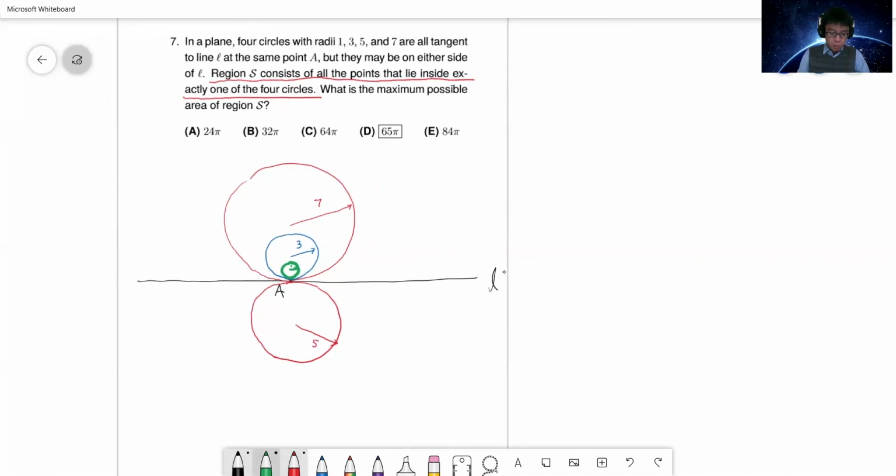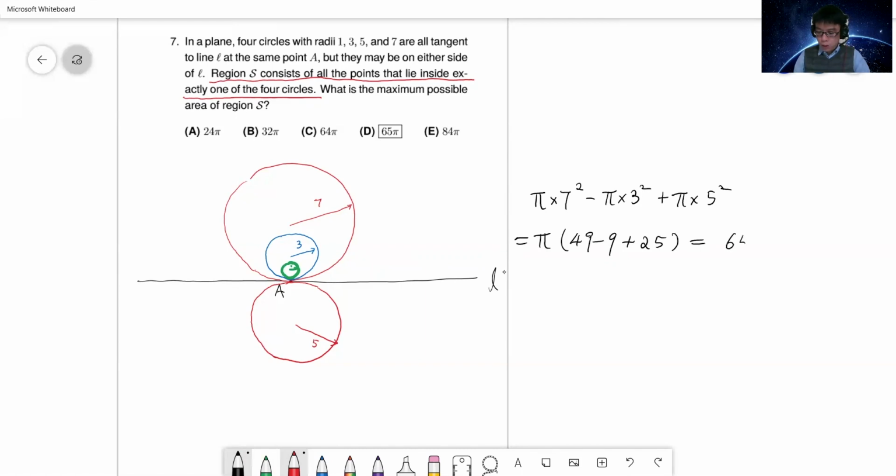So the answer here will be pi times 7 square minus pi times 3 square. We don't need the minus pi times 1 square because that's already included in the blue circle. And we plus pi times 5 square. So this is 49 minus 9 plus 25 gives 65 pi. So the answer here is 65 pi.